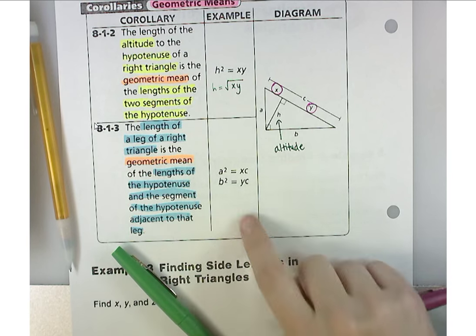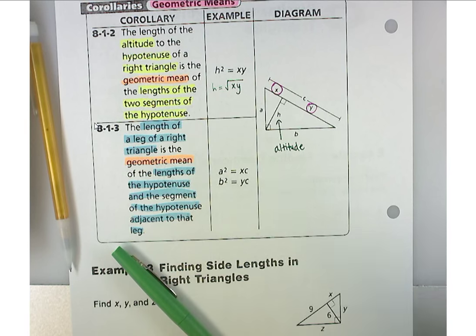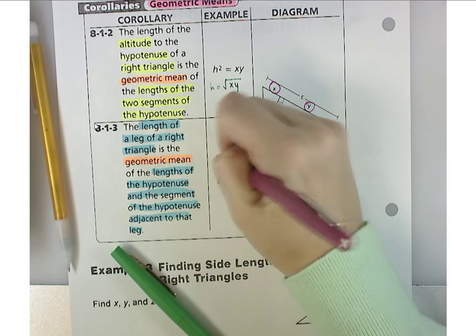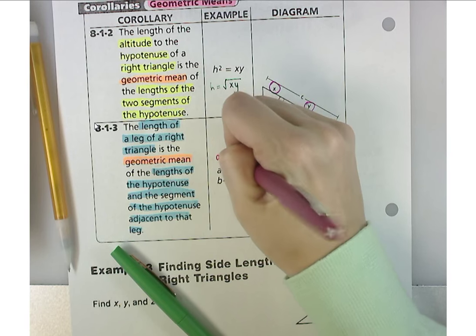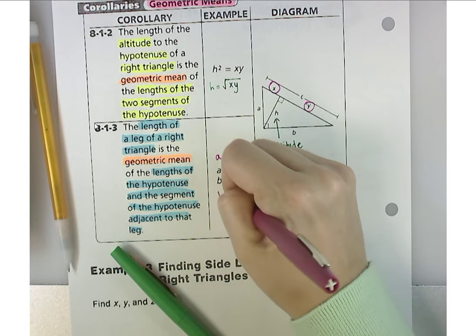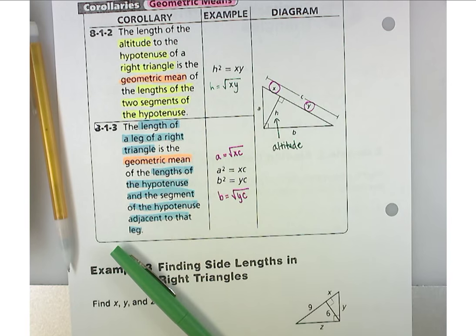So we're going to do a couple of things here. The first thing is let's write this as the geometric mean as well. So A is the square root of x times c, and B is the square root of y times c.